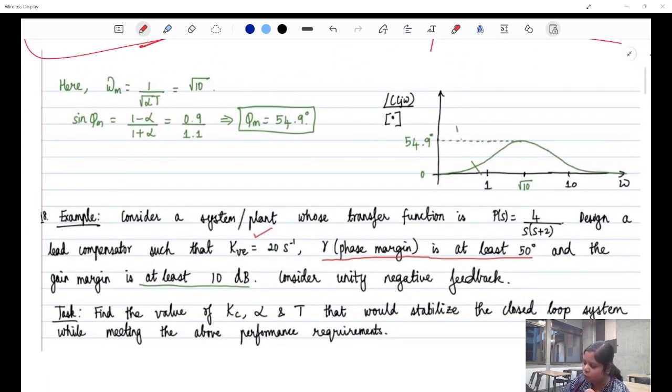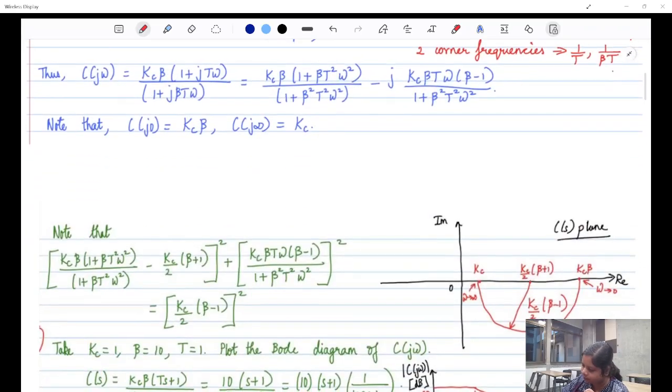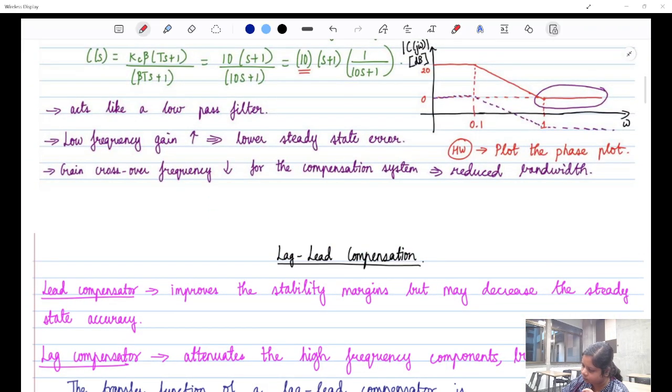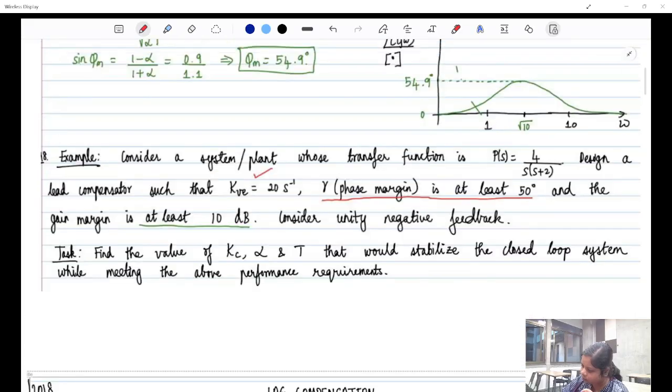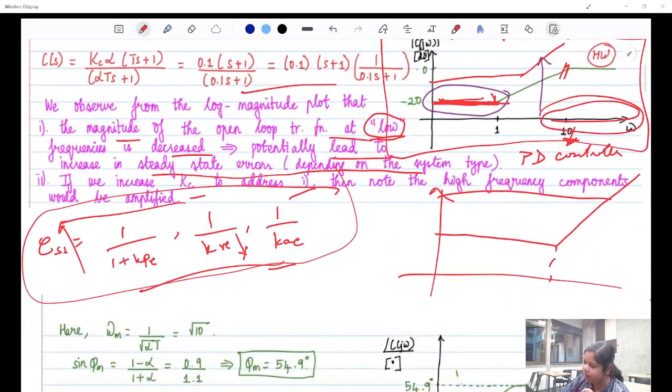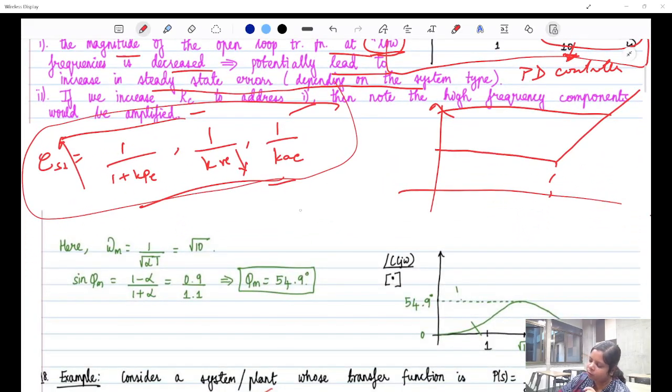But what is the benefit of having this? Why do we even go for a lead compensator? I think I haven't included it here, but the benefit is that you can increase the bandwidth of the system.